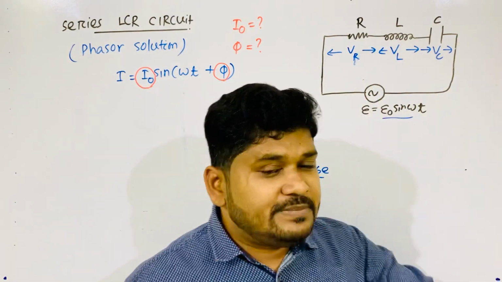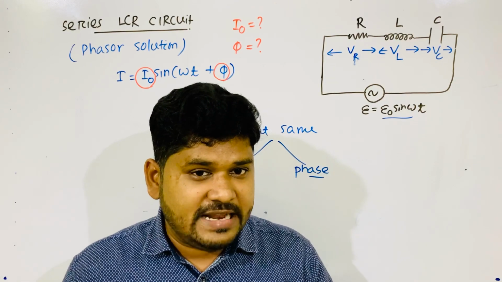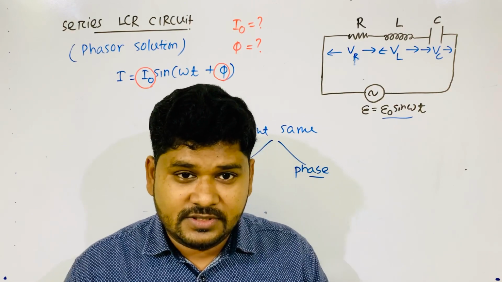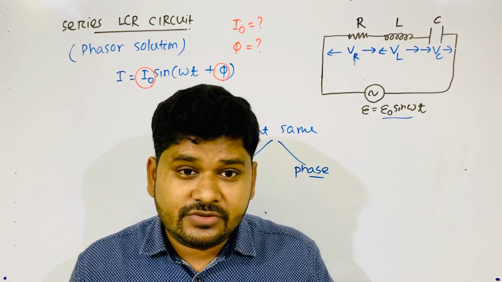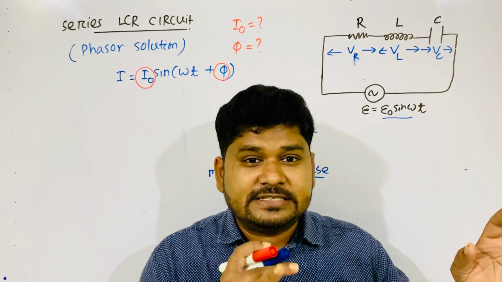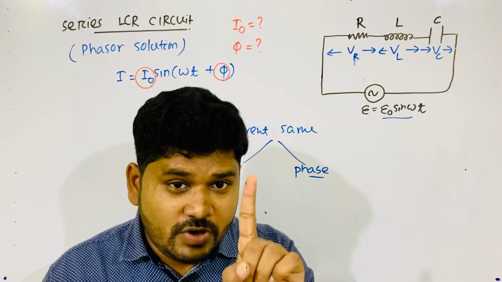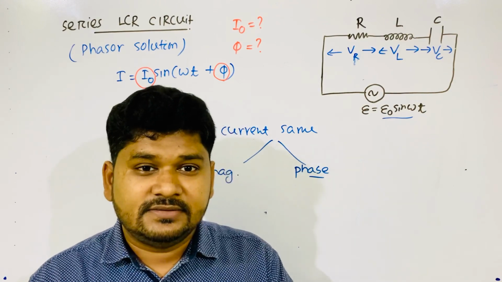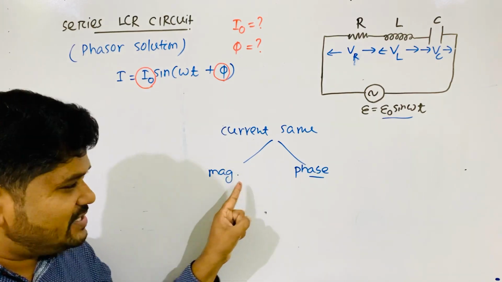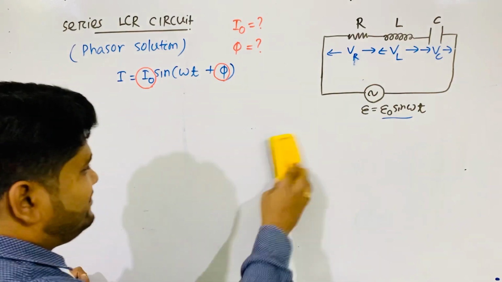That means the phase difference of the current between resistor and inductor is 0, between inductor and capacitor is 0, and between resistor and capacitor is 0, because all currents are in the same phase in the three circuit elements. So in the phasor diagram, there will be only one line for current.